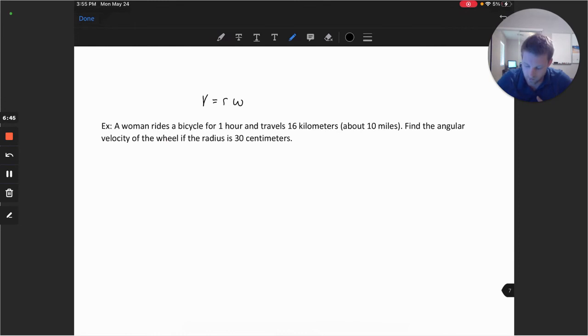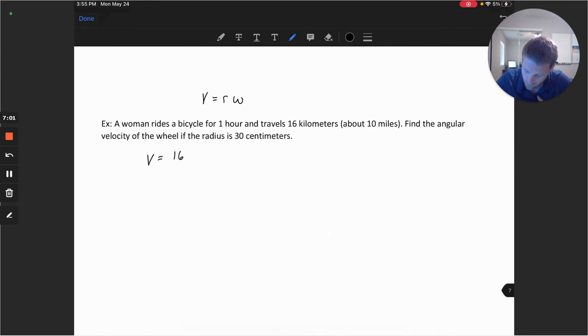So let's consider first the bicycle wheel. A woman can ride a bicycle for 1 hour and travel 16 kilometers. That means her linear velocity, v, we can rewrite as 16 kilometers per hour. That would be her linear velocity.